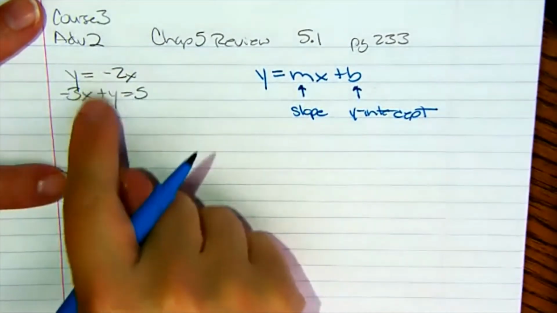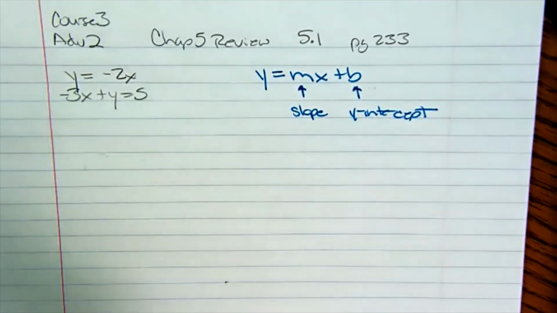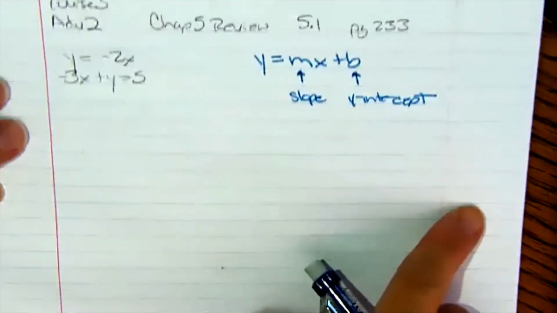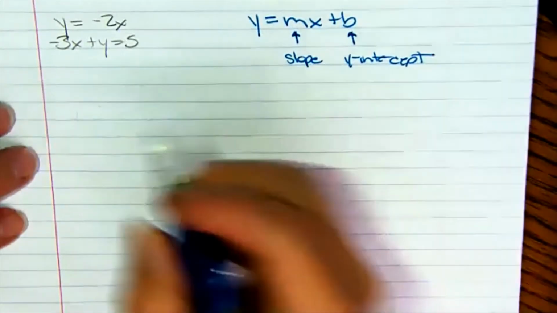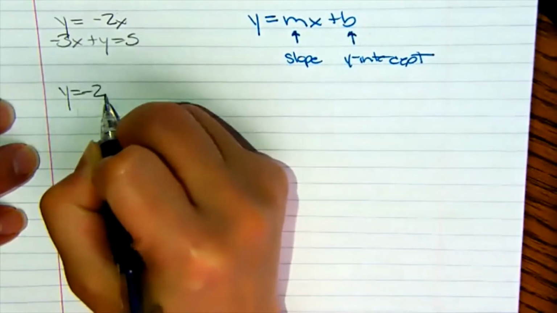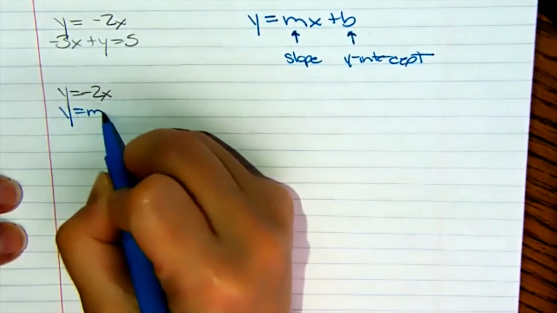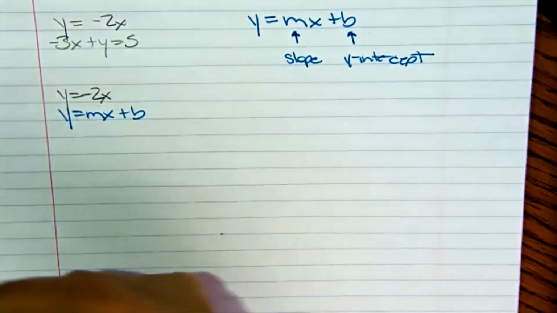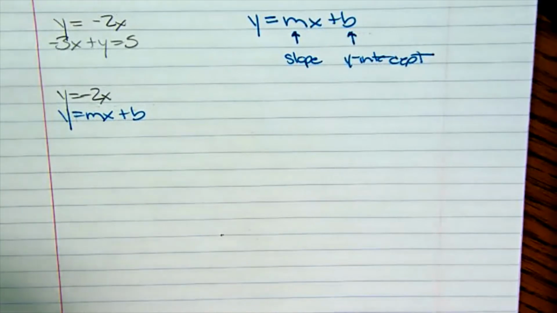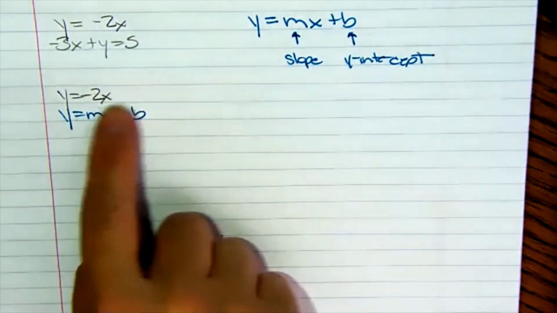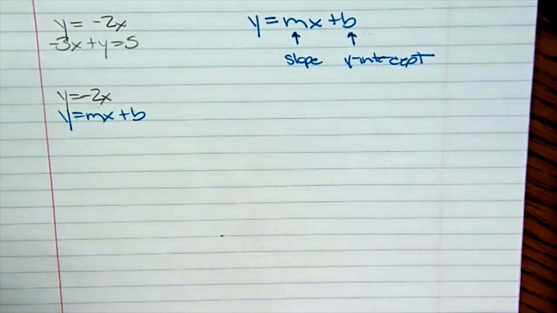So let's take a look at each of these equations. Make sure that they are in slope-intercept form so that we can graph them. So we have y equals negative 2x. Is this in y equals mx plus b format? Well, I see my y's, my equals, my m's, and my x's, but where is that plus b?